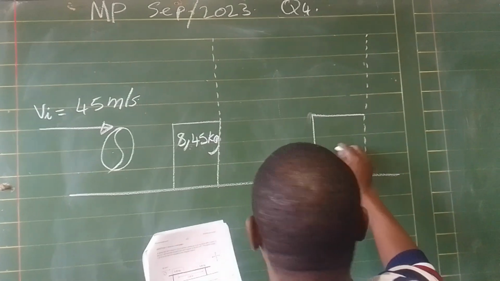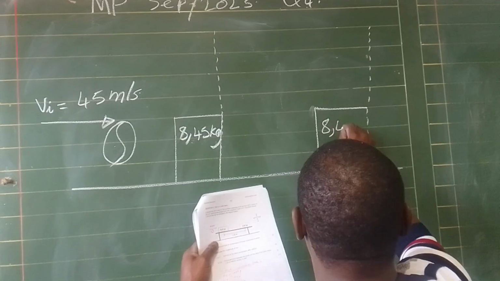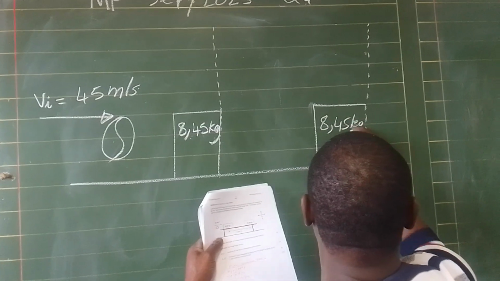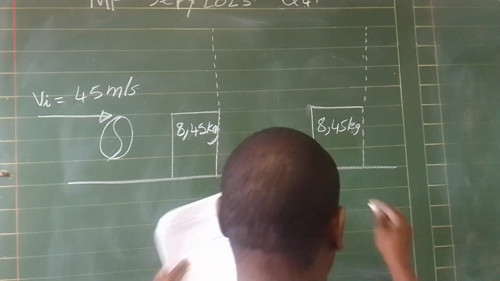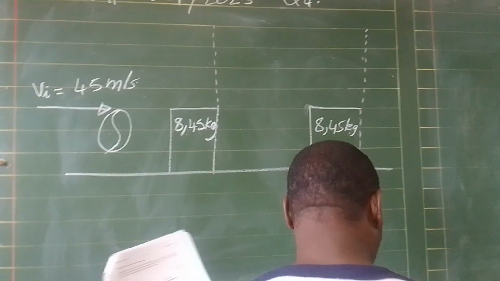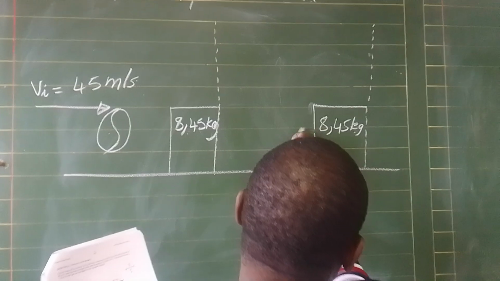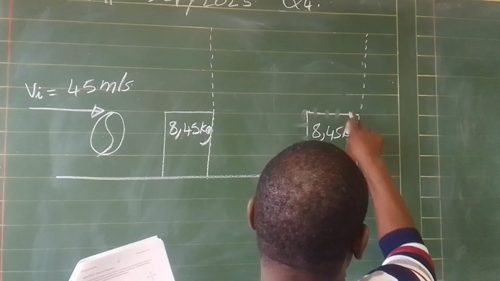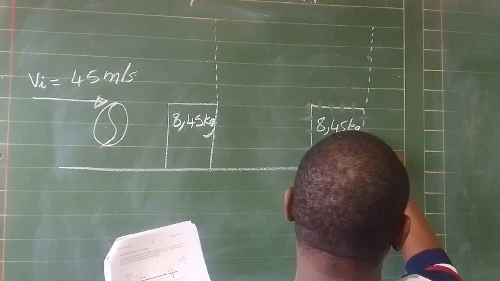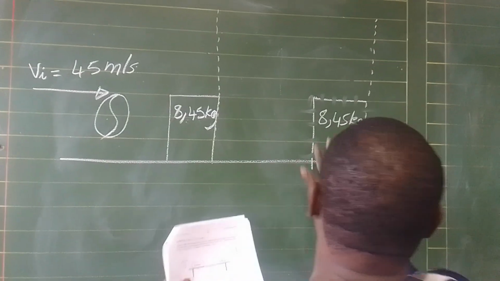The block will come to this place. Let's say this is going to be a virtual object, because this is where we imagine it to be.